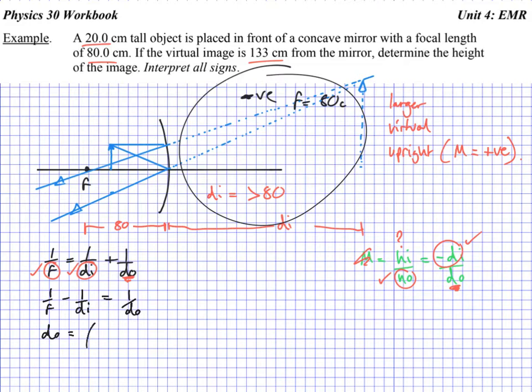Do is going to be 1 over the focal point, sorry, the focal point is 80, so 1 over 80 minus 1 over, and this is important, negative 133. Why negative 133? Well, remember, anything on this side of the mirror is a negative value.